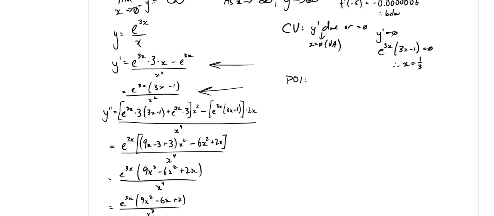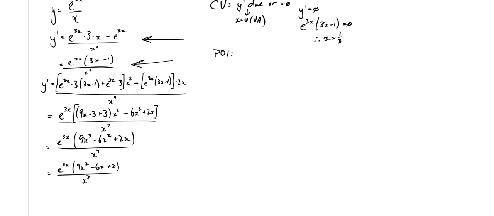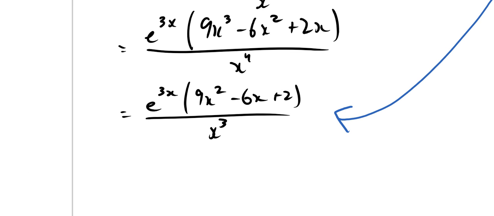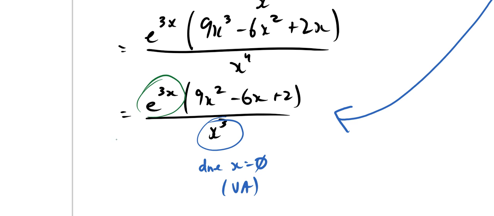What about points of inflection? So here, I'm going to come down here, and I'm going to look at this expression. It does not exist when x equals 0, but again, that's a vertical asymptote, so we're good. This part is never 0, as we've talked about every time.